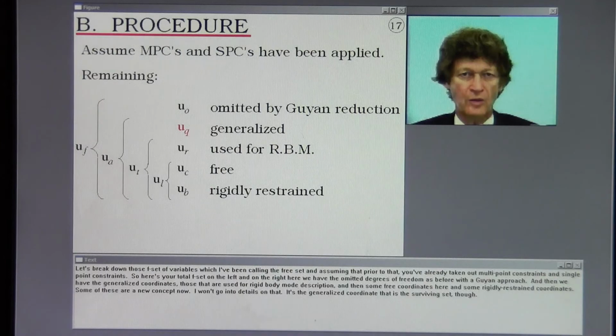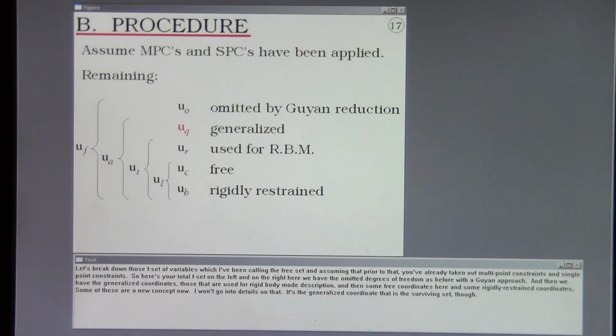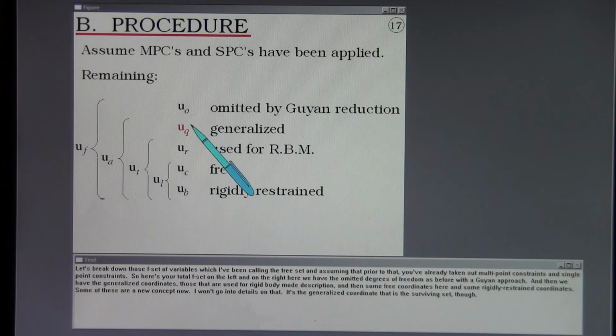Let's break down those F set of variables, which I've been calling a free set, and assuming that prior to that you've already taken out multi-point constraints and single-point constraints. So here's your total F set on the left, and on the right here we have the omitted degrees of freedom as before with the Guyan approach, and then we have the generalized coordinates, those that are used for rigid body mode description, and then some free coordinates here and some rigidly restrained coordinates.